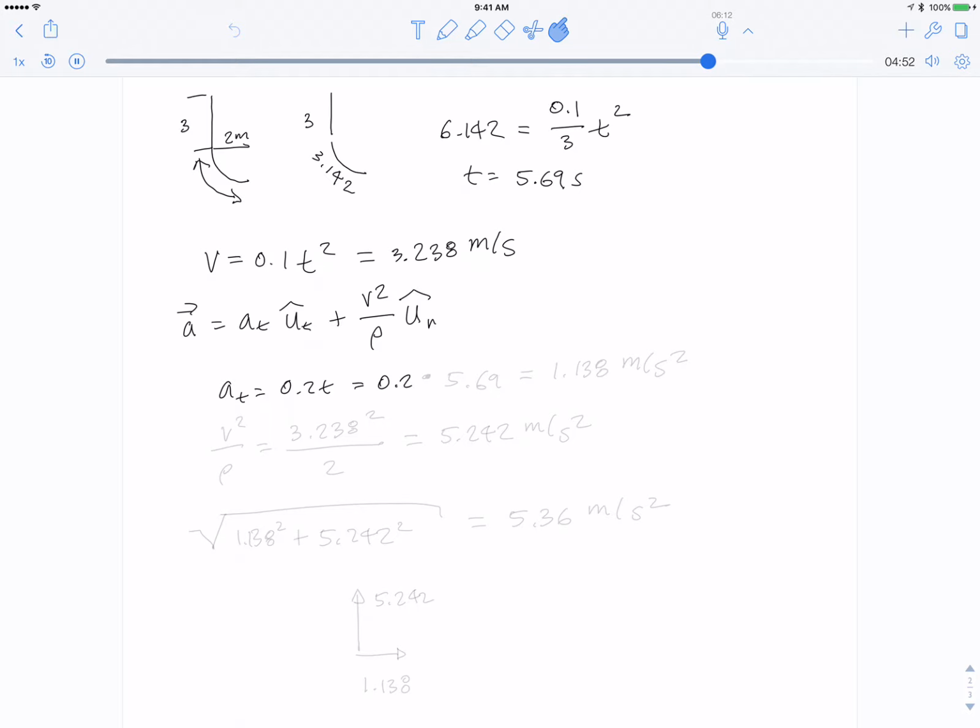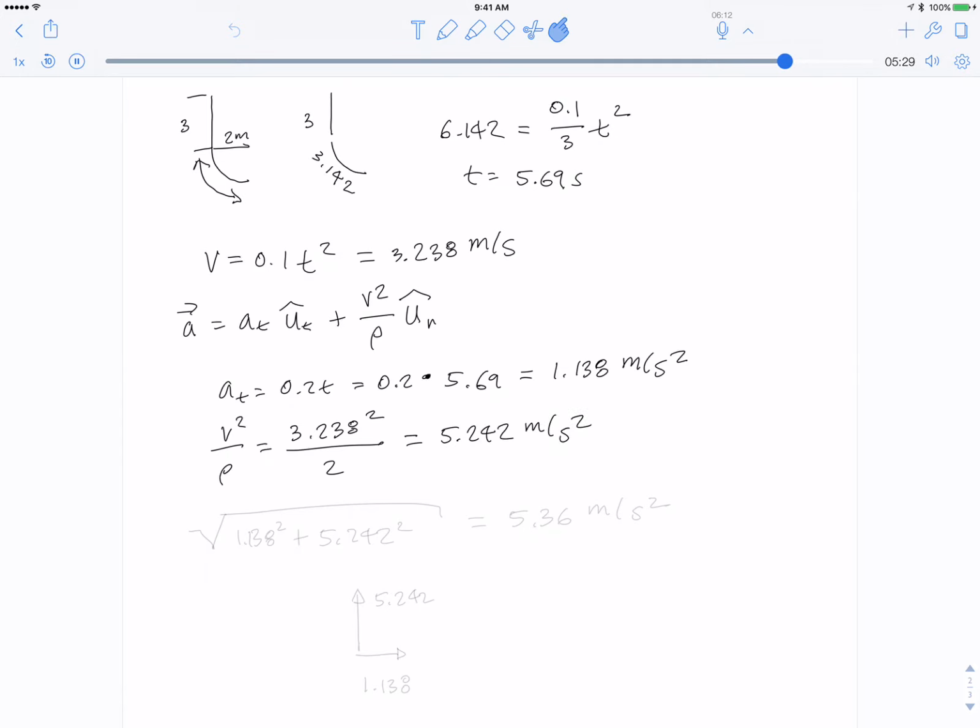So 0.2 times 5.69 comes out to 1.138 meters per second squared. Then v squared over rho: we knew that the velocity is 3.238, squared, and the radius was 2. And so that comes out to 5.242 meters per second squared.